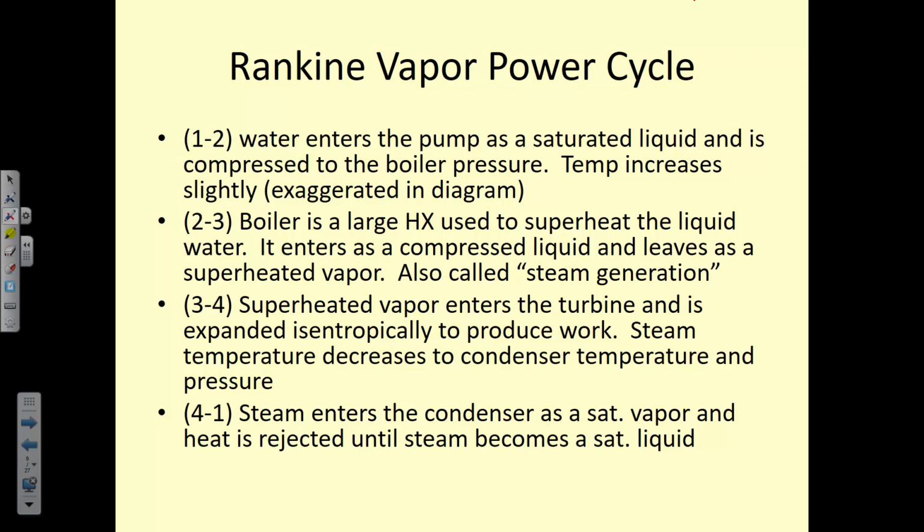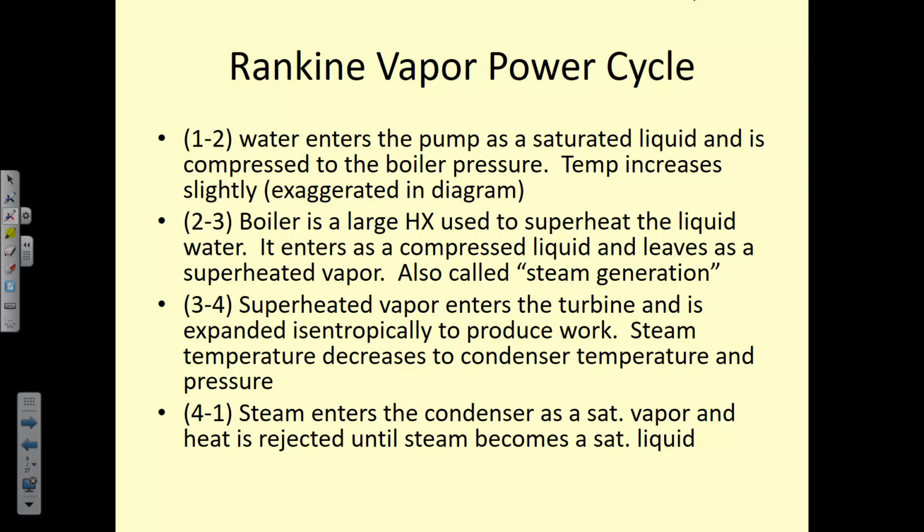Okay, so we've kind of gone through all the steps of the cycle, but basically water enters the pump as a saturated liquid. It's pumped up to the boiler pressure. The boiler is where we have some exchange with whatever fuel source we're using. So if it's coal-fired or gas-fired or whatever, a nuclear power plant, then we're receiving heat into the boiler, which evaporates this liquid. That superheated vapor then goes into the turbine, spins the turbine blades.